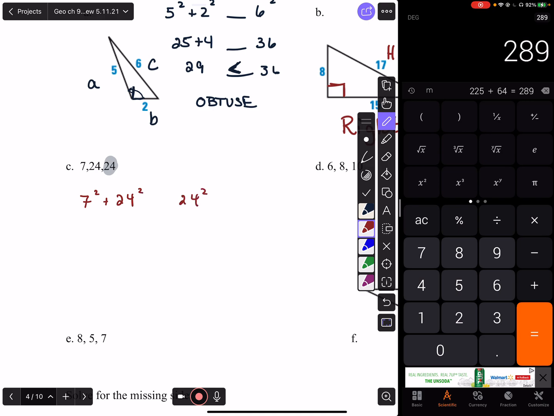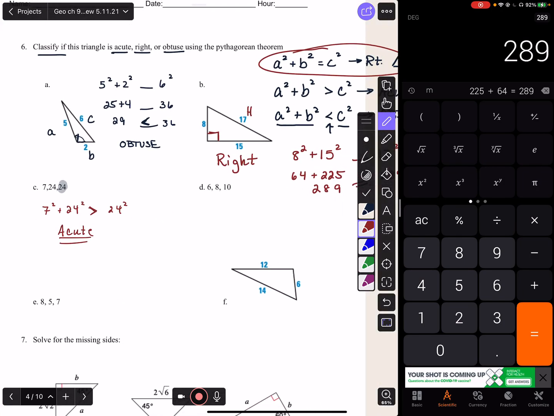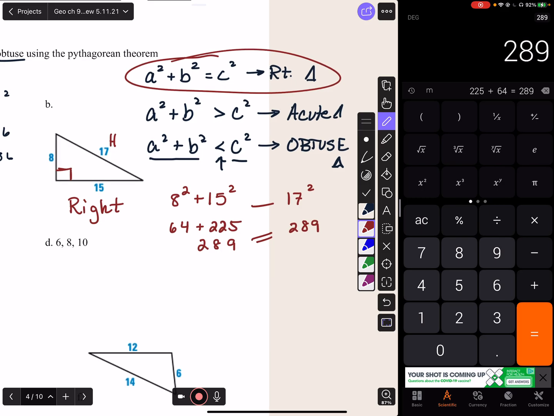You'll see why. Because right away we know it's greater than, because 24 squared and 24 squared are equal, so when you add this 49 to the left side, it's clearly going to be bigger than the right side. And therefore this is an acute triangle, just again going back to those equations and inequalities up here.